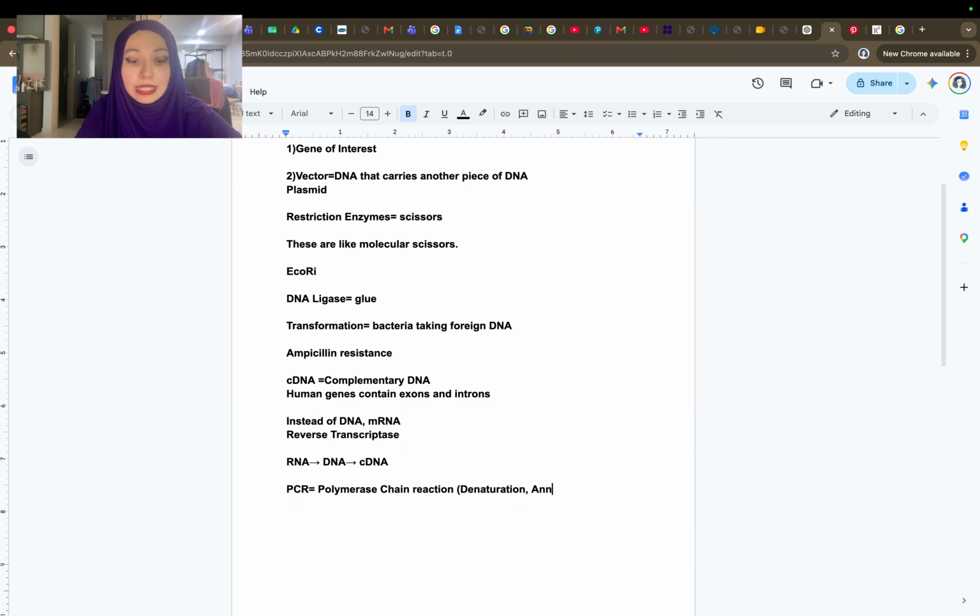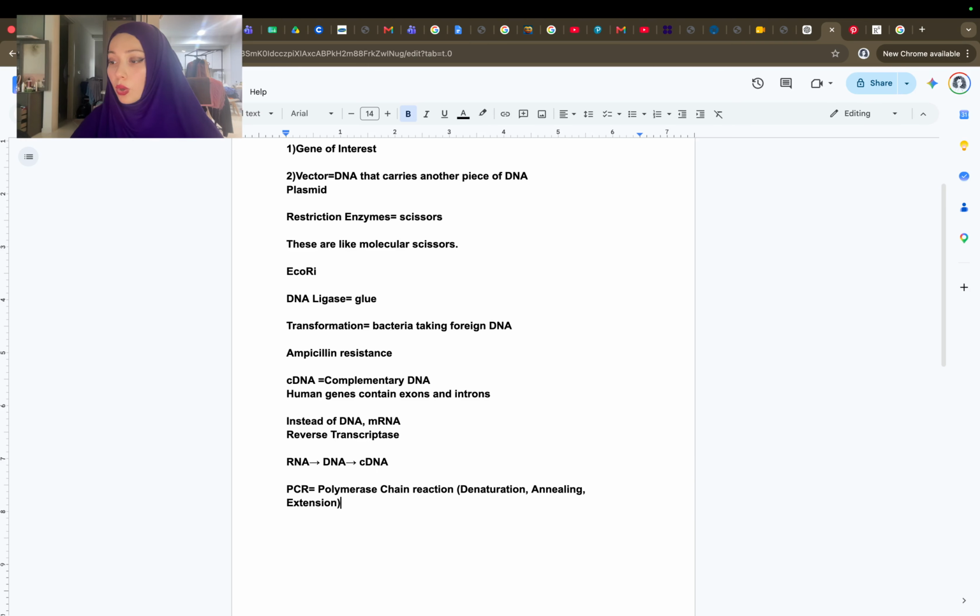Then we have annealing. We cool the DNA and the primers attach. And finally we have extension. DNA polymerase copies the DNA, and it repeats 30 times, giving millions of copies.